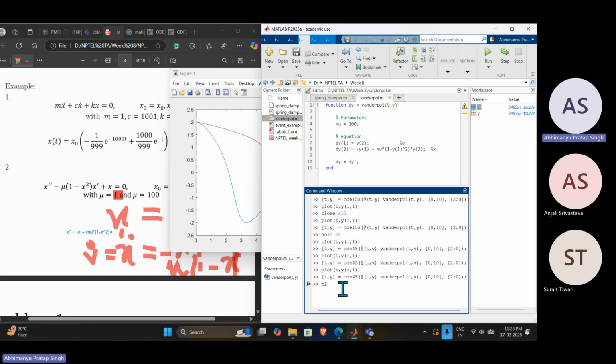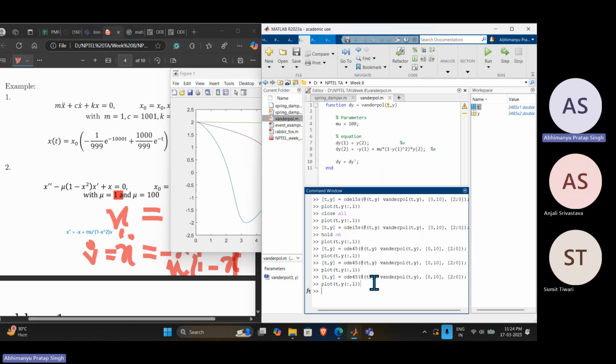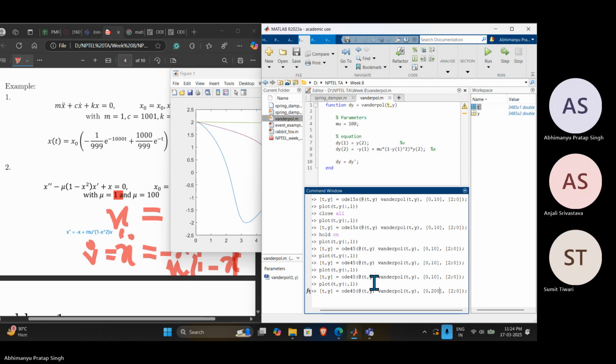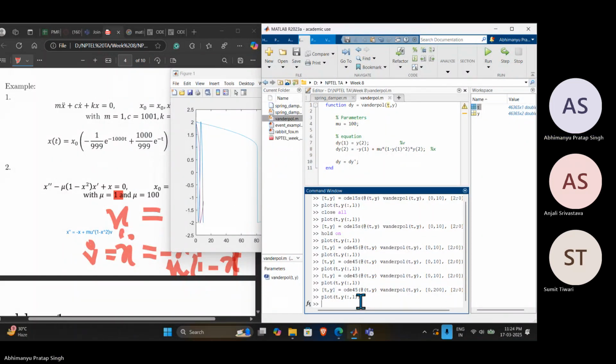Now if I plot this, in the entire 10-second duration this is pretty much close to a straight line. So I think I need to solve it for a longer duration. Let us make this 200. Yes, for 200 it is taking 46,000 time steps. I plot it.